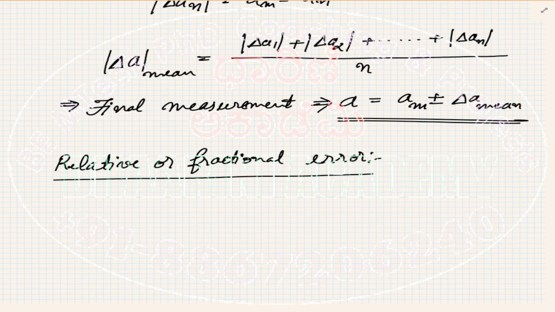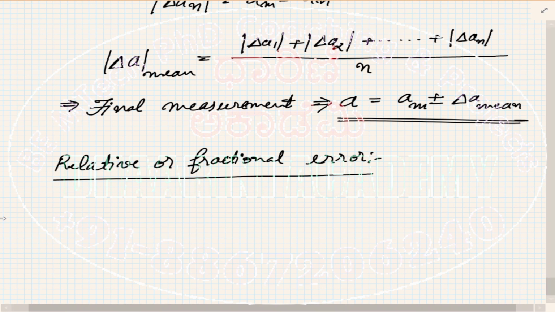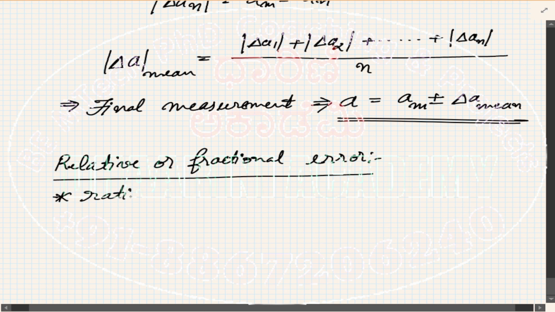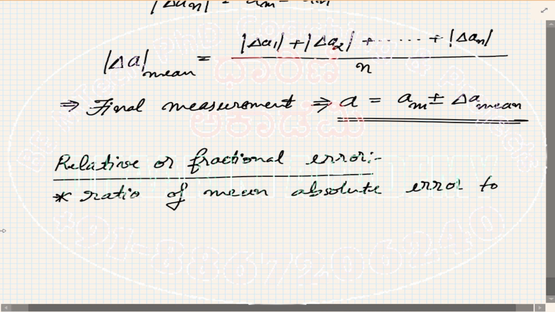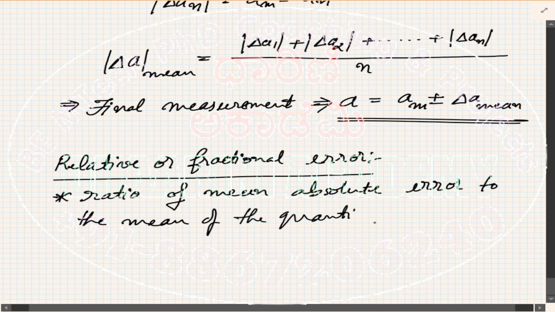Now we try to take a ratio: the ratio of the mean absolute error to the mean of the quantity measured. This ratio is called the relative error.